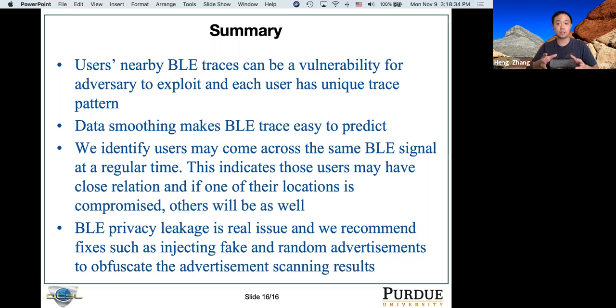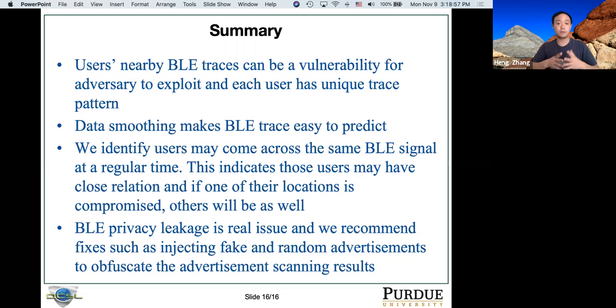This can indicate that some of the users have a close relation. If one of the users' location is compromised, the others will be compromised as well, although they do not want to share their location. So the BLE privacy leakage is a real issue. Simply based on the neighboring BLE count, we can do such things.